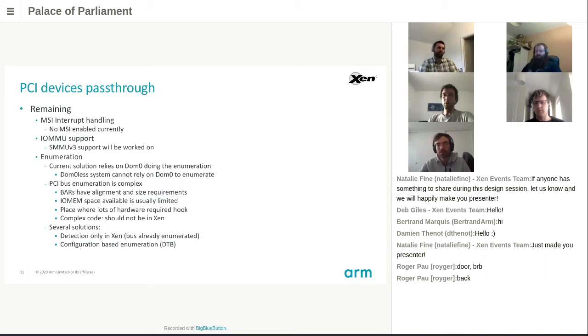By enumeration, I guess you mean BAR placement and sizing, and this is usually done by the firmware also. On x86, that's very much up to the system firmware to do. It is not a responsibility of the operating system.